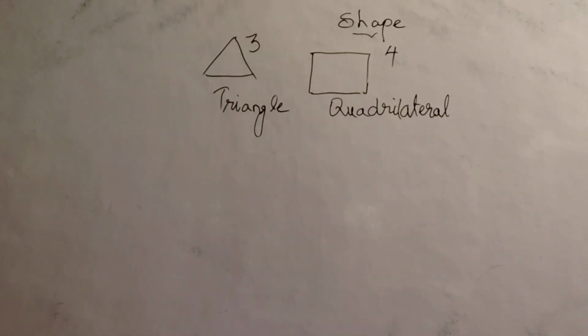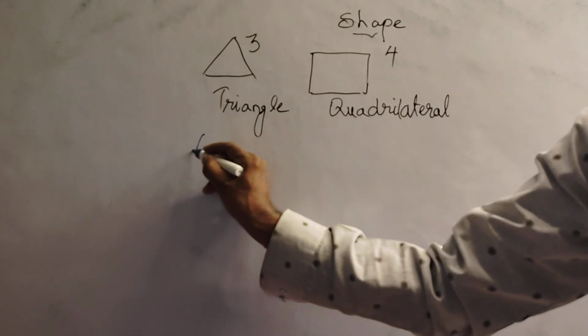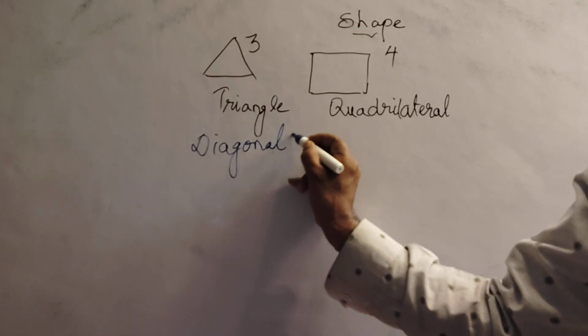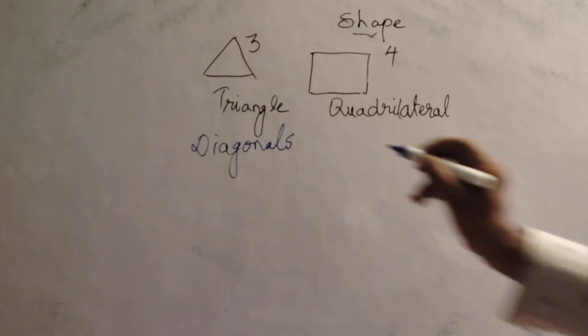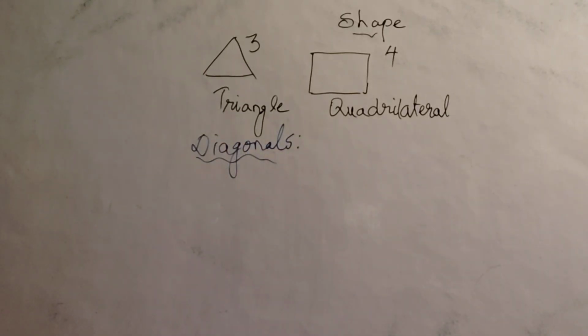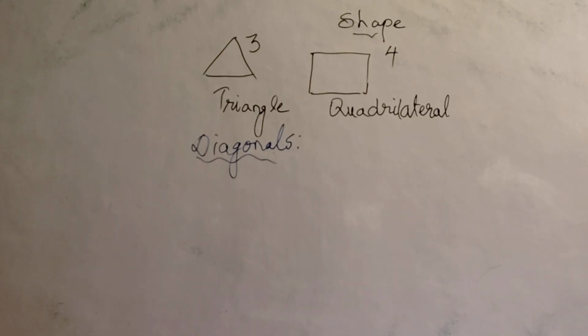Yes. So how many? One thing we are finding here is diagonals. How many diagonals in a triangle? And in a quadrilateral or in a square, how many diagonals?